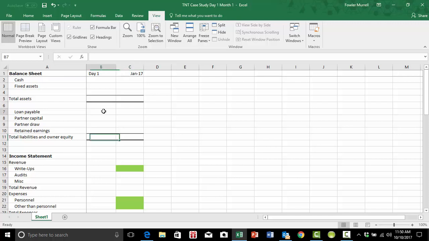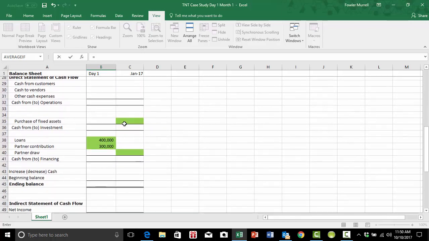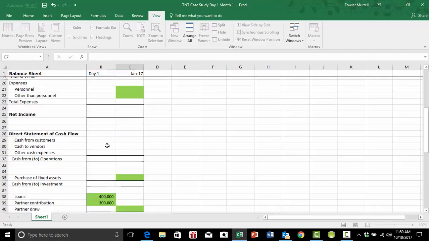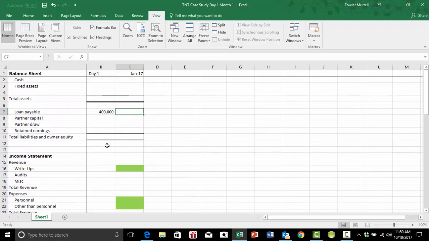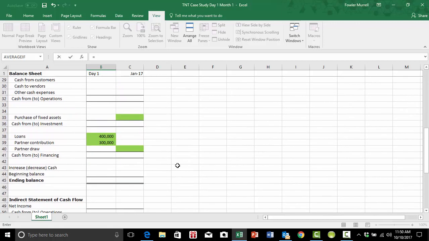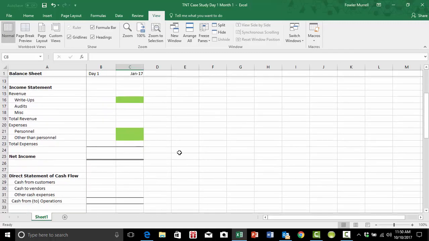We go to our balance sheet and prepare the other side of it, and we link that to this loan. And the other side of the partner contribution is partner capital. We link that to partner contribution.